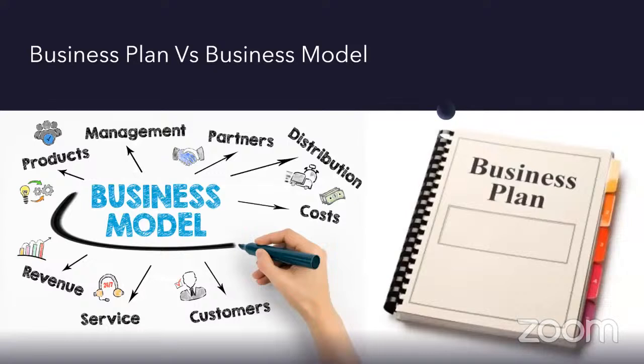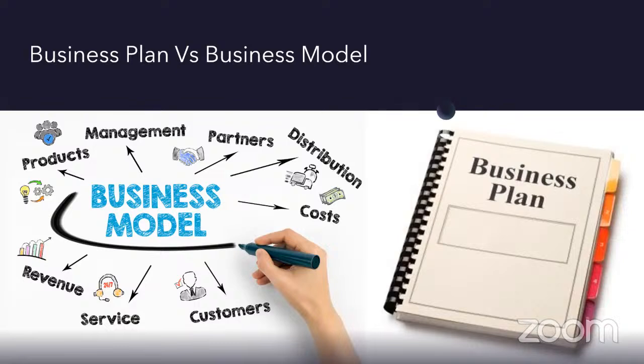The business plan, as you can see from the slides here, is a huge document with a number of papers and sections, which goes into each and every detail about your business, with numbers and focus, and it gives the know-how of the business.